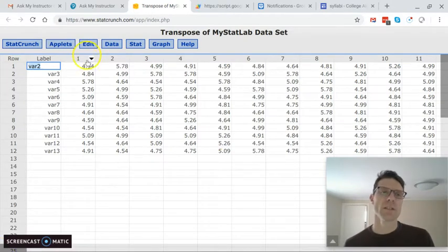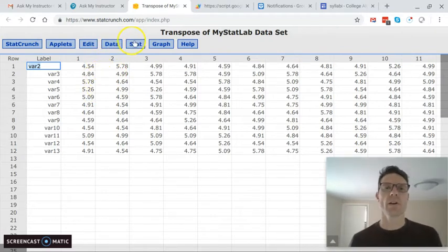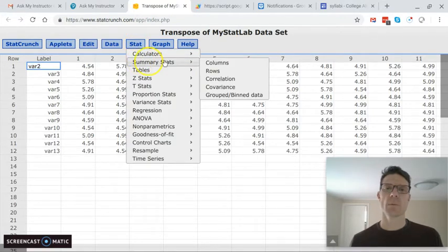Okay, and now you can see each column here is one of those samples. Now we want to find the mean of each sample. So we go to stats, summary stats.